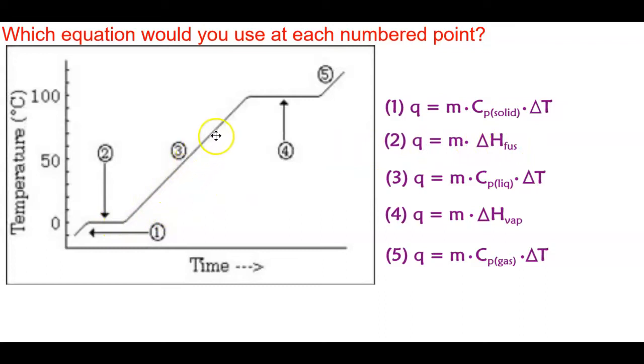At point 3, this slope here, we use Q equals mass times the specific heat of the liquid times the change in temperature. At point 4, this flat line here, we use Q equals mass times delta H of vaporization. And then at point 5, where the temperature is rising again, we use Q equals m times the specific heat of a gas times the change in temperature.